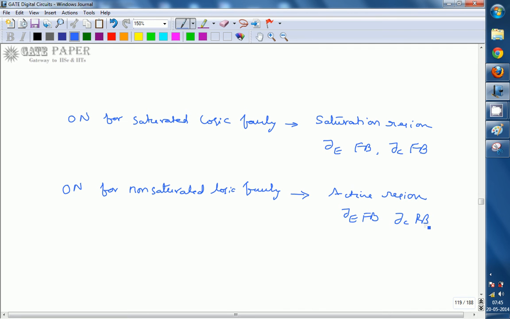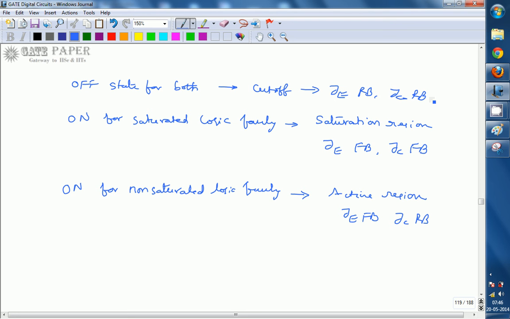Whether it is saturated or non-saturated, the cutoff condition, that is the off condition, is the transistor entering into cutoff. That implies the emitter base junction reverse biased and the collector base junction reverse biased. Both are reverse biased. Now check which takes larger time and which takes shorter time.